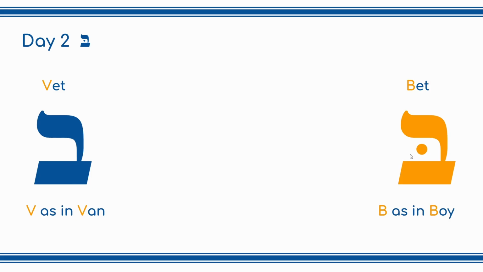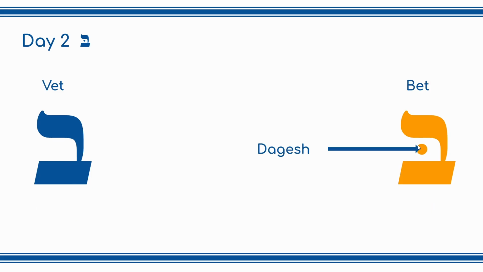And the way you're going to know the sound is by this little dot here called a dagesh. This dagesh will only show up when the letter is going to make a B sound. When there is no dot, it's going to make a V sound.